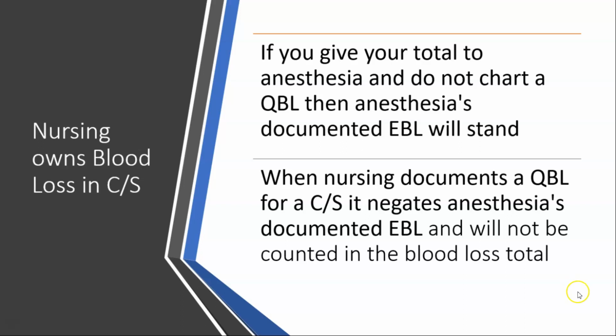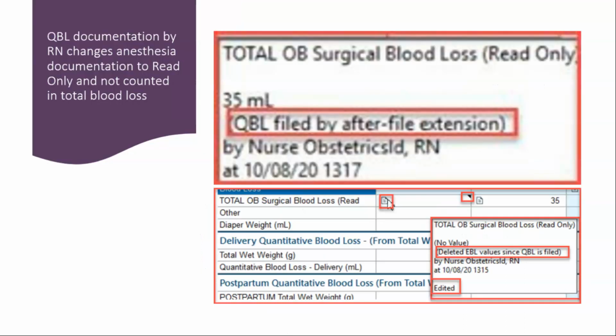And we need it to be counted, so we're going to either add it into our quantified blood loss or add it into EBL. QBL documentation by the RN changes anesthesia's documentation to read only. It does not count in the total. It puts a little note here that says deleted EBL values since QBL is filed.